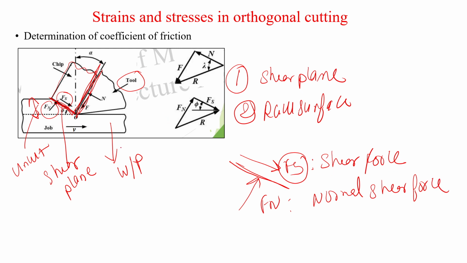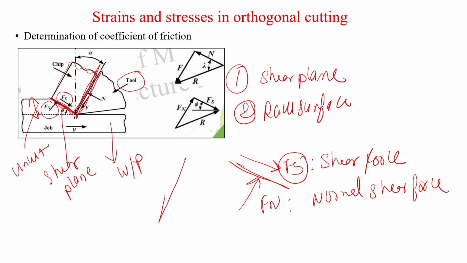Now the chip is flowing on the rake surface. When there is an interaction between two surfaces, some friction will develop, just as when you rub your hands. Here the chip flows along this rough surface, rubbing the rake surface, so there will be friction.